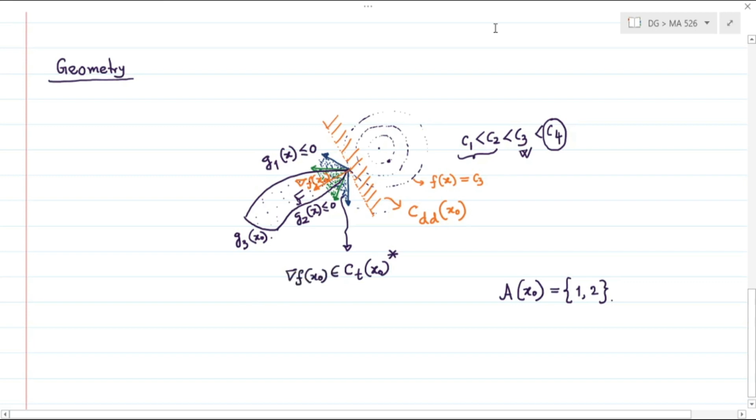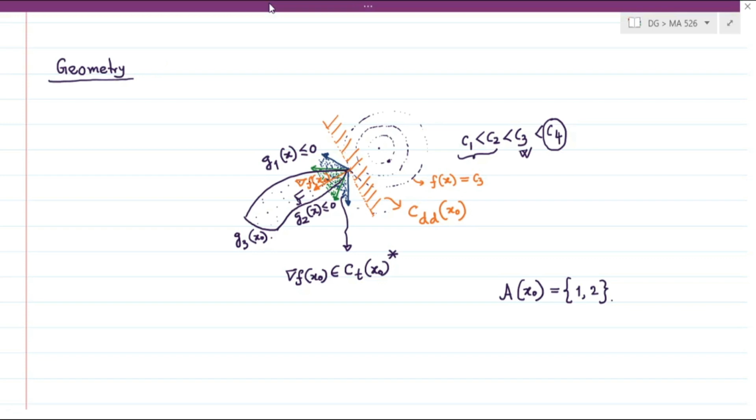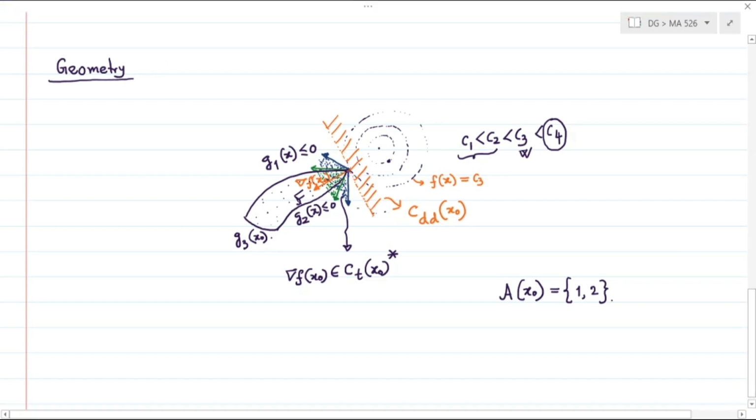Now if this is so, then let me try to observe the extreme directions of the dual cone. What are the extreme directions of the dual of the tangent cone? They are this one, this is one extreme direction, and this one is another extreme direction, right? And here you note that this blue direction is nothing but perpendicular to the tangent at g1(x).